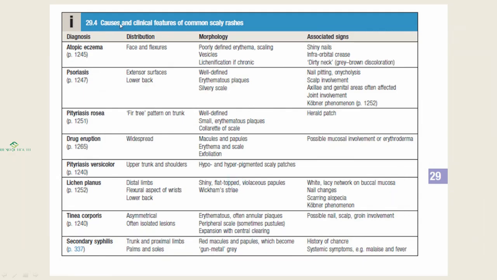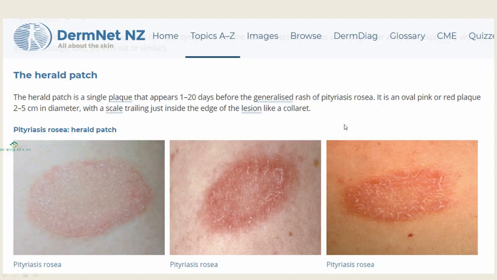If you see the cause and clinical features of common scaly rashes, you can see Pityriasis rosea, fir tree pattern on the trunk. So the distribution is on the trunk in a fir tree pattern, with well-defined small erythematous plaques and a collarette of scale. One more very important, repeatedly asked question from this area is the herald patch. The herald patch is a single plaque that appears 1 to 20 days before the generalized rash of Pityriasis rosea.